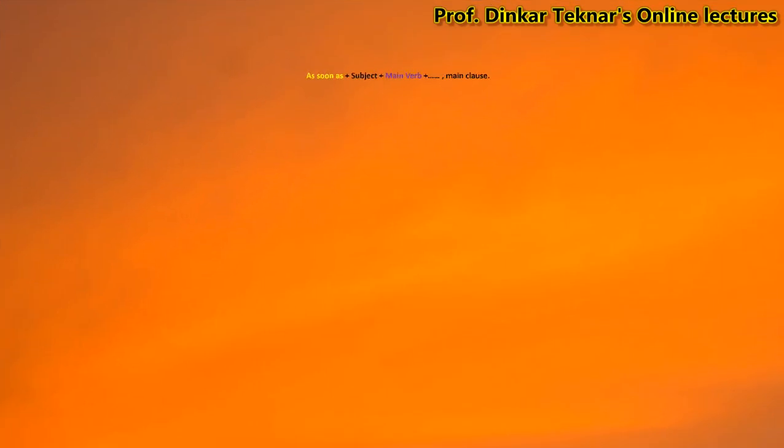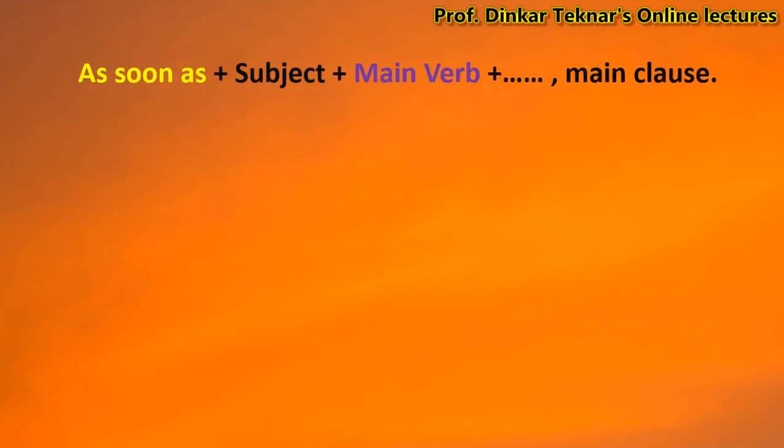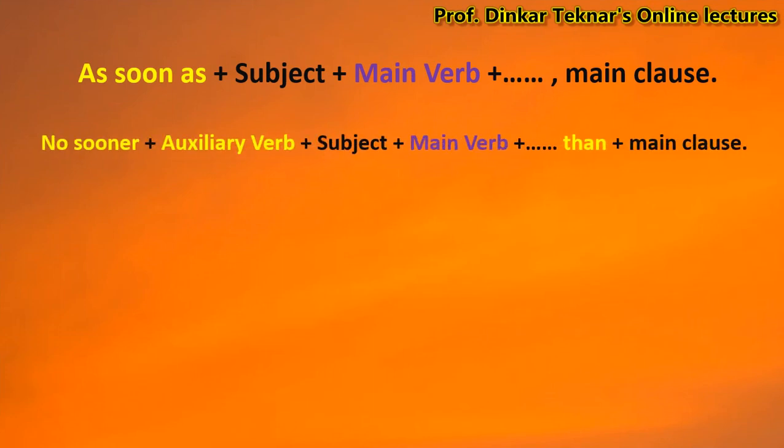Now look at the following structure. As soon as plus subject plus main verb plus rest of the clause, comma, and main clause. No sooner plus auxiliary verb plus subject plus main verb plus rest of the clause plus than plus main clause.